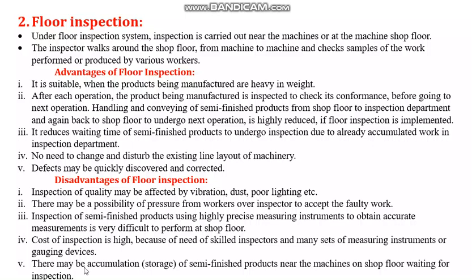The handling and conveying of the semi-finished products from the shop floor to the inspection department and back again to the shop floor for the next operation is highly reduced. If they are very huge and heavy, you can avoid all this by implementing floor inspection.